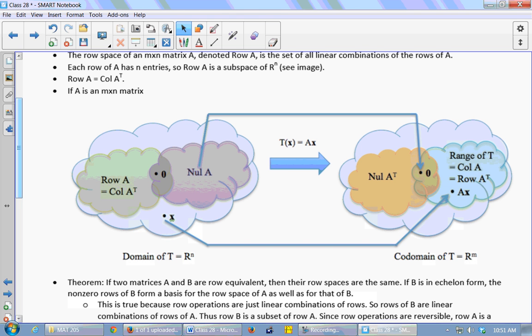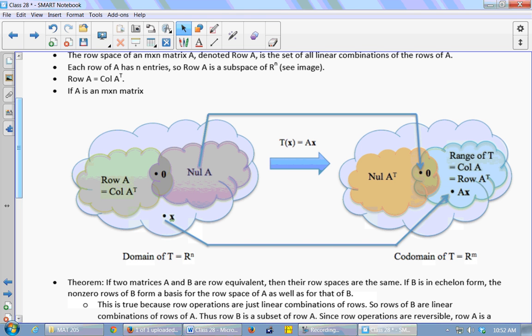The column space of A and the null space of A transpose, the only vector they share is the zero vector. And over here, the null space of A and the row space of A, the only vector they share is the zero vector. Your book actually doesn't really go into that very much yet, but it'll be important in the future, so I wanted it to be in the picture.